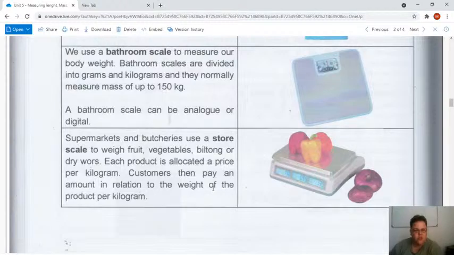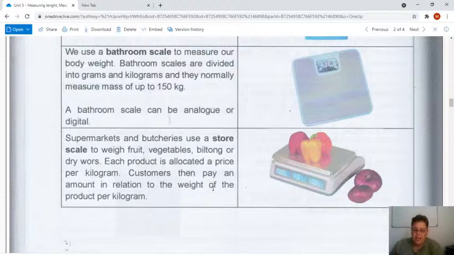So, supermarkets and butcheries use the store scale to weigh fruit and vegetables, biltong and dry wors. If you have ever bought something like meat, you will see that it gives the price, and right below that it will say per, with a line, and it will be 89 Rand per kilogram. Then you know you are paying 89 Rand per kilogram.